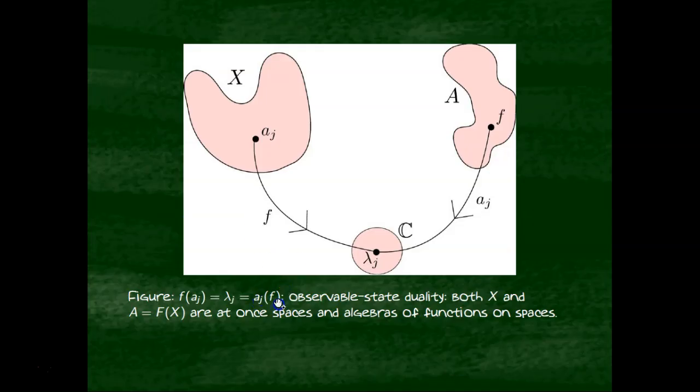The delta_S applied to the function says evaluate me at S. This is kind of an observable-state duality. So both the algebra of functions and the states can be considered algebras of functions and spaces. So essentially this is just an excuse for me, on the next slide, to write instead of f of S, delta_S of f, and these are actually the same thing.